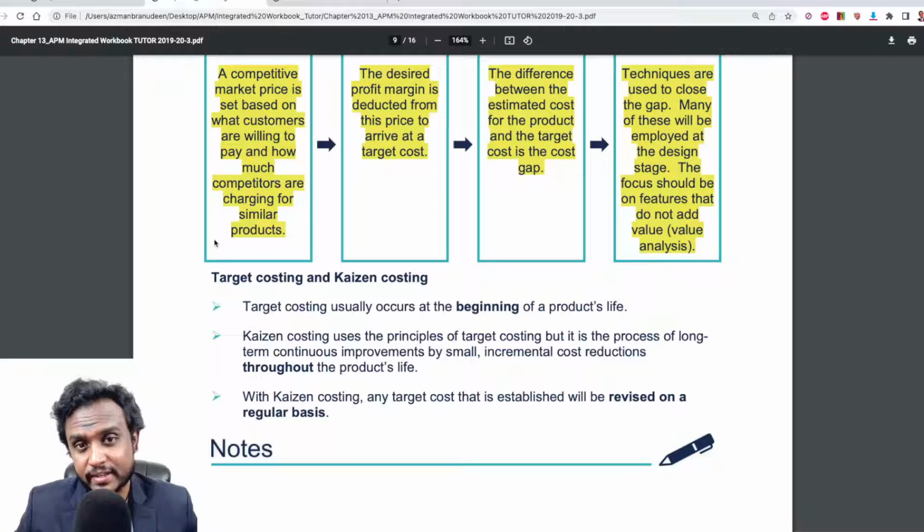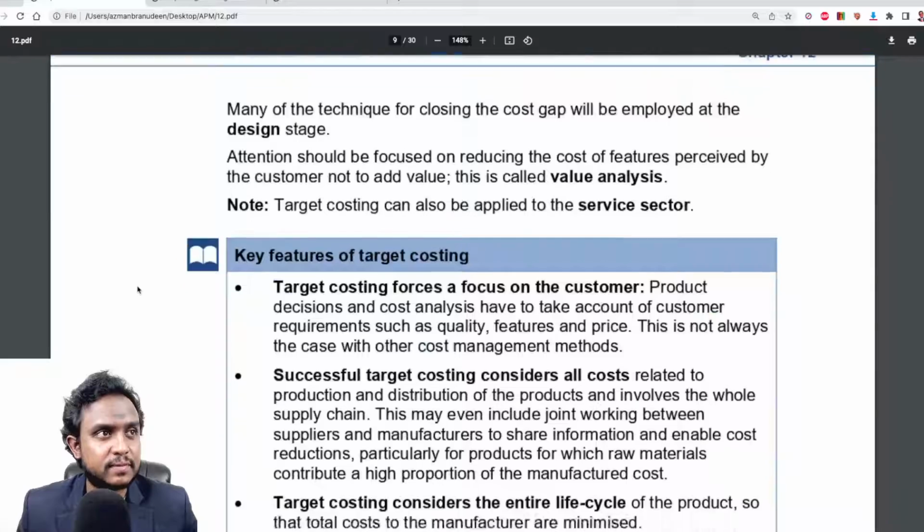So 60, okay, I achieved 60. Now my new target cost is 58. If you hit 58, now my new target cost is 57. So can you see how continuous improvement is embedded? How continuous improvement is enabled by target costing within a Kaizen environment? So this is how target costing actually fits into the picture of the Kaizen environment.